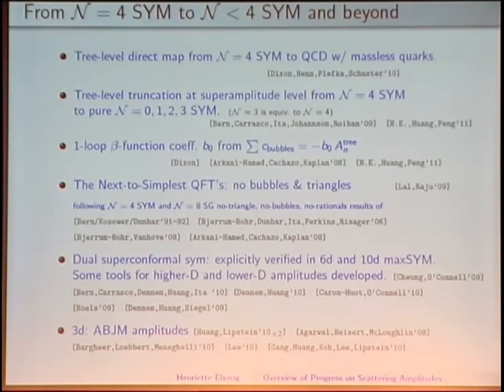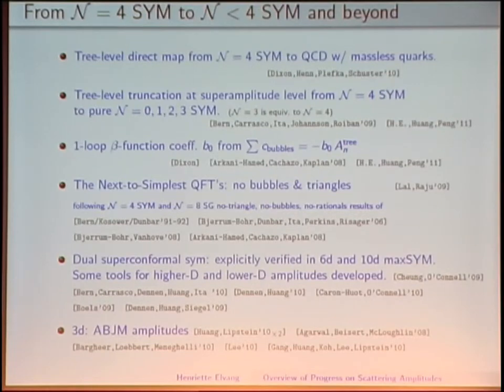Here I'm listing just a few different directions for going beyond n equals 4 super Yang-Mills. At the tree level, we can actually get the QCD amplitude with massless quarks from the n equals 4 super Yang-Mills amplitudes. This has been done by simply taking a linear combination of the n equals 4 tree amplitudes.